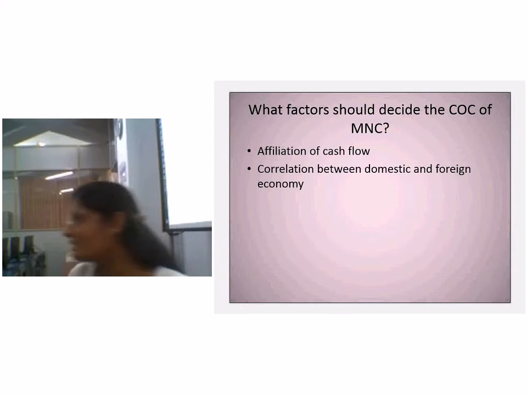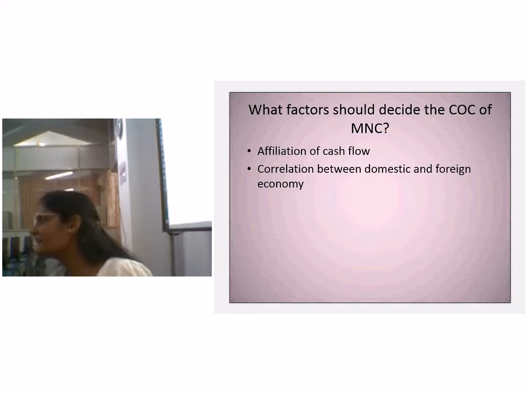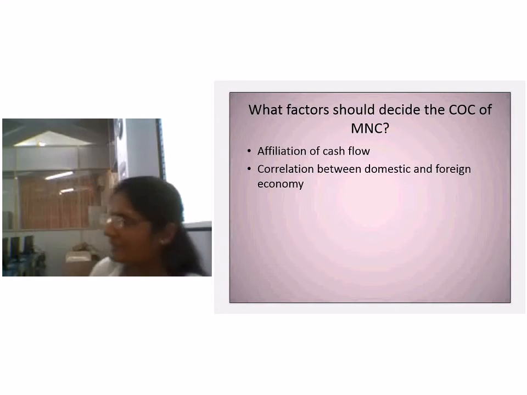Because when it comes to a multinational company, cash flow represents different currencies, right? If foreign exchange fluctuation is there, that currency would also be fluctuating. That ultimately affects the cash flow of the company, the parent company's cash flow, right?